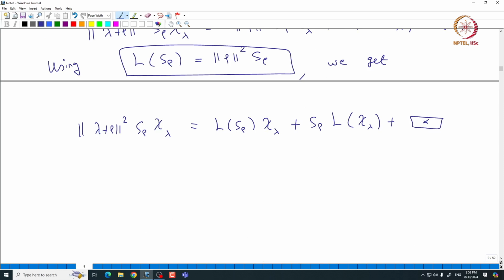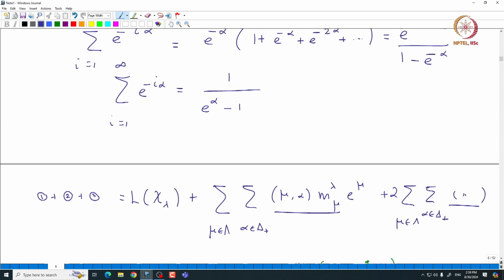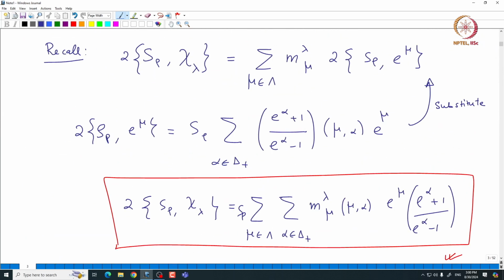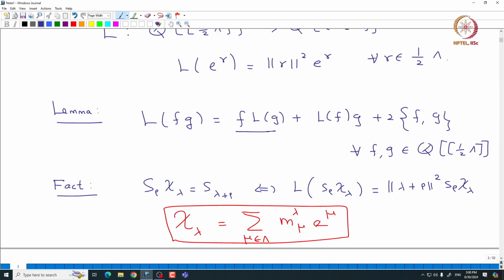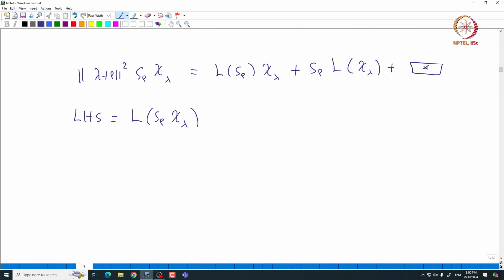To prove that the left hand side is exactly equal to L of S rho chi lambda, let us use the observation about L of Fg, which I wrote at the very beginning. L of Fg is given by F times L of G plus L of F times G plus twice this bilinear form, F comma G bracket. So, to prove that the term we have here is exactly equal to L of S rho chi lambda.